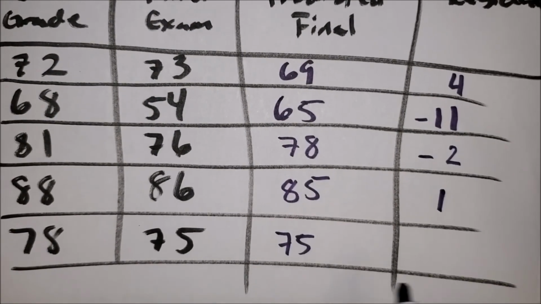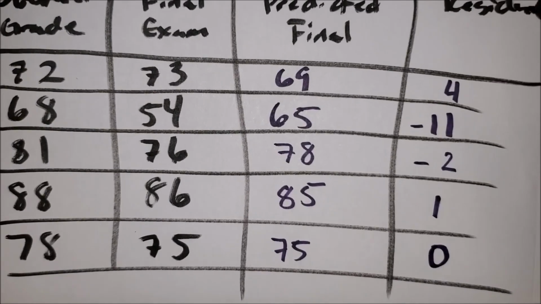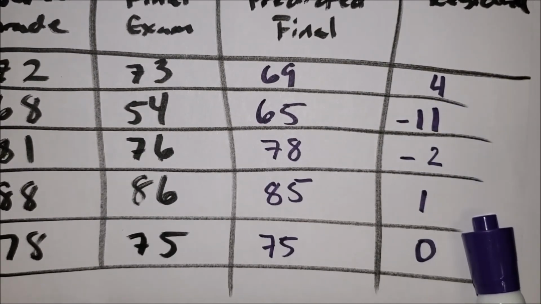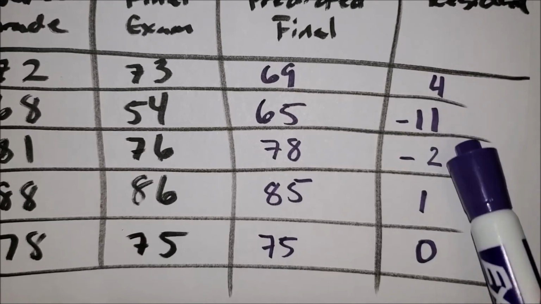And 75 minus 75 is 0. So here we have our different residuals. And if you notice, some of them are positive and some of them are negative.